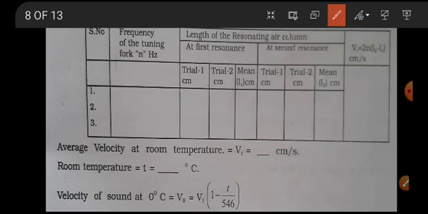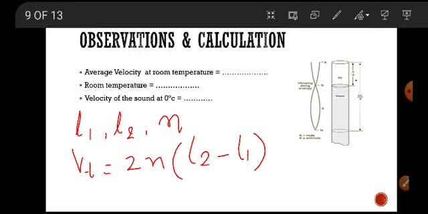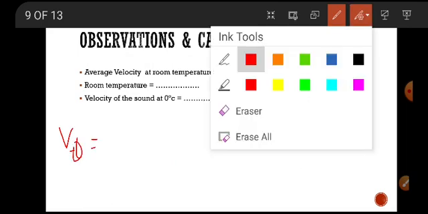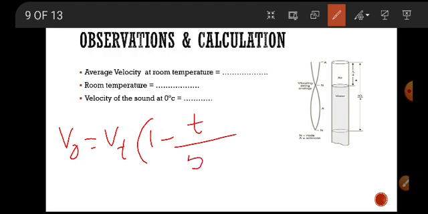You can find out the velocity of sound at 0 degrees temperature by using V0 equals Vt into 1 minus T by 546. By using this formula, you can find out the velocity of sound at 0 degrees Celsius.